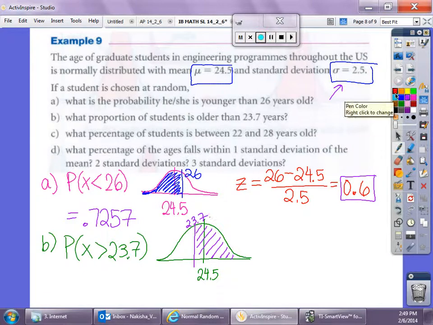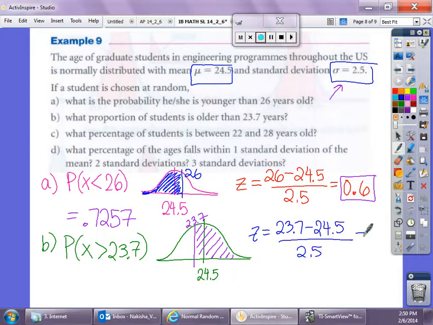So let's start out with our z-score, which is equal to 23.7 minus 24.5 all over 2.5, which is negative 0.32. Okay, so the z-table is a little bit more confusing than the calculator, so I do want to go over that. The z-table, remember, only gives you area.